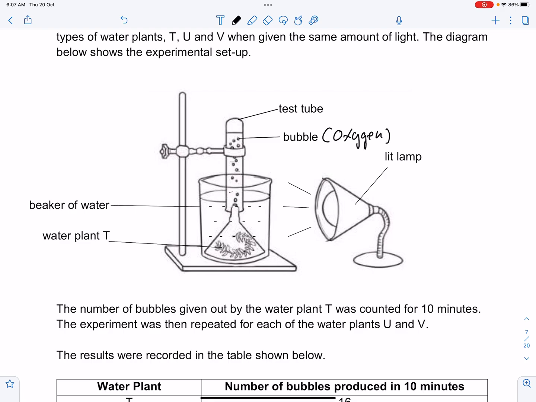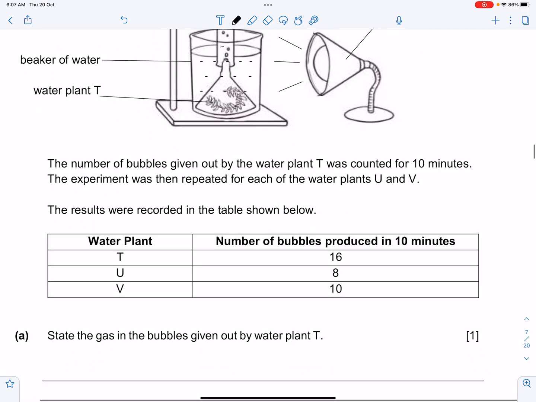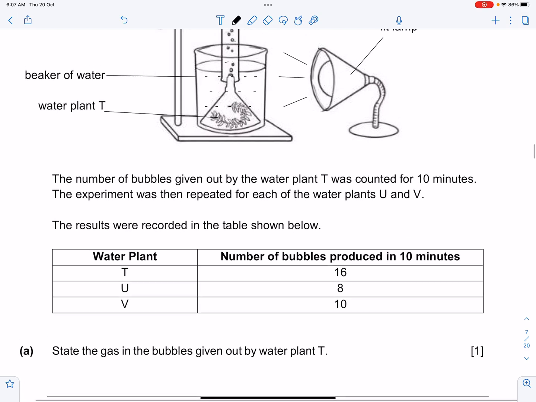Because we know that in photosynthesis, oxygen is produced. So the more number of bubbles, the faster the rate of photosynthesis. Okay, and this over here is our changed variable. And this over here is our measured variable. Okay, so number of bubbles basically represents rate of photosynthesis.